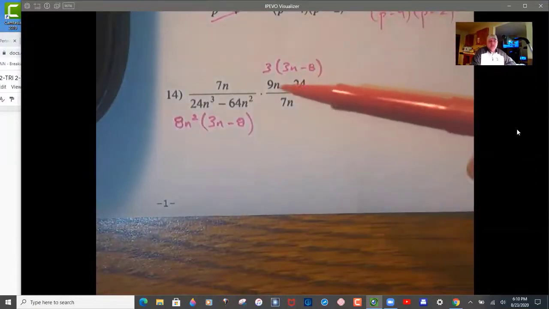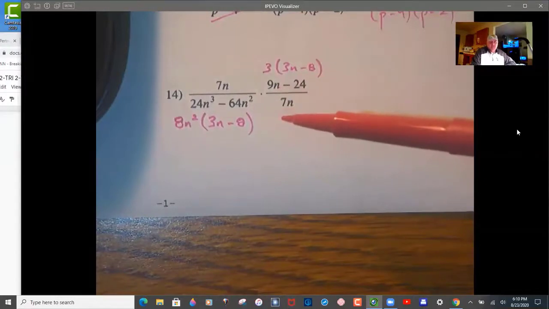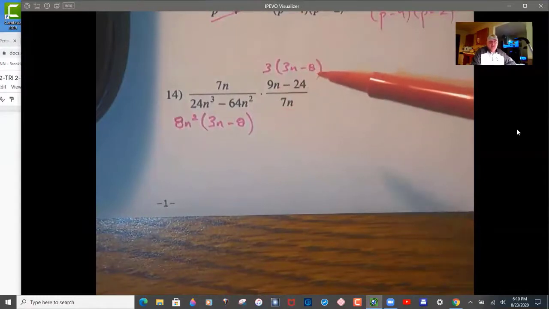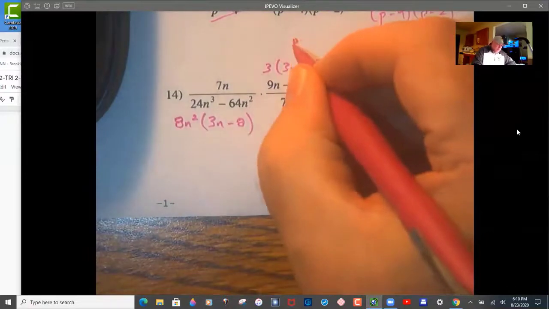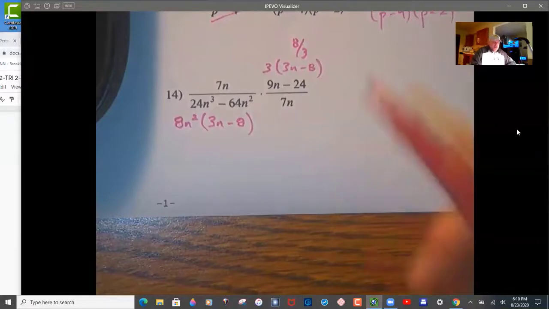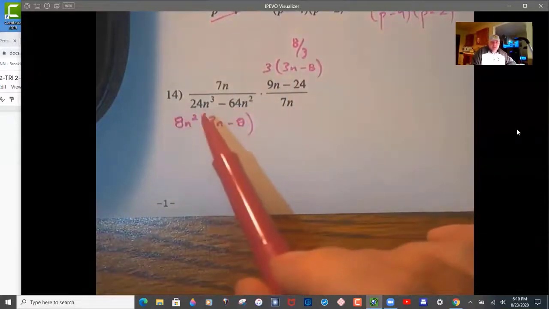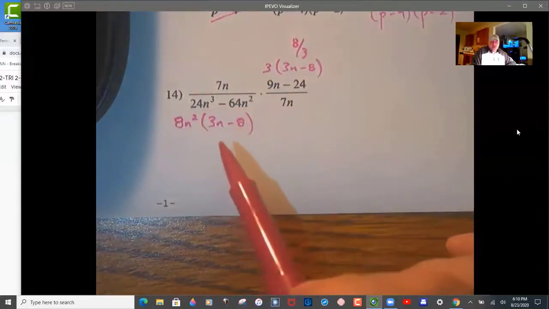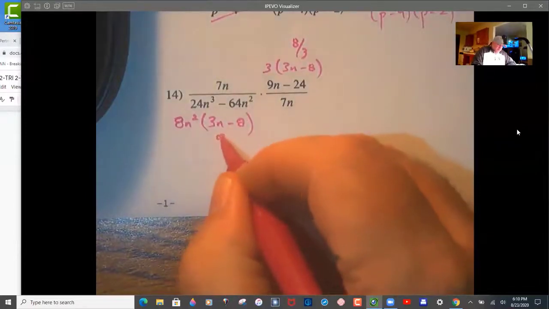I can see that. You can still run it through a zero finder, and it would actually give you 8/3. And then just remember that the zero of 8/3 writes as a factor 3n minus 8. Okay, and same thing here on this cubic down here. You actually get 8/3 and 0 and 0.